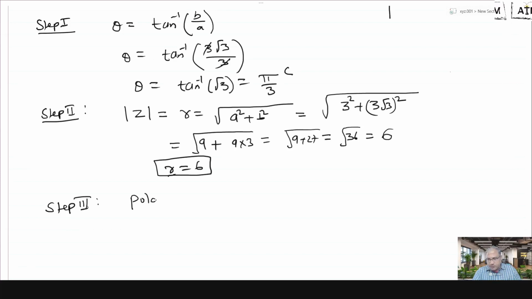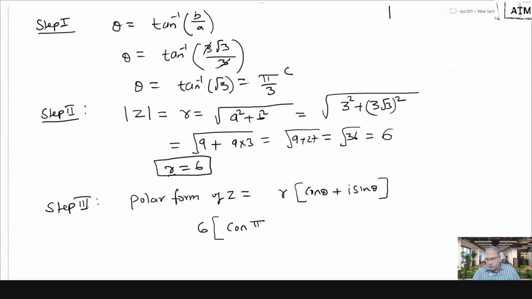Polar form of z is given by r cos theta plus i sin theta. The r value is 6 and the theta value is pi by 3. So 6 times cos pi by 3 plus i sin pi by 3.